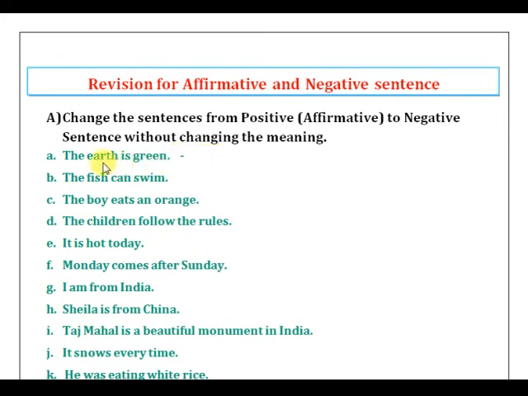As I had said, the sentences are of declarative manner. That means whatever is stated in the sentence is to be taken as correct. So the correct answer for the earth is green, when you change the sentence from positive to negative, becomes the earth is not blue.